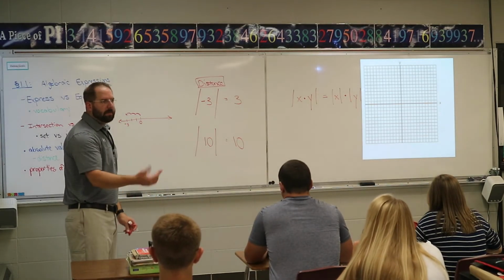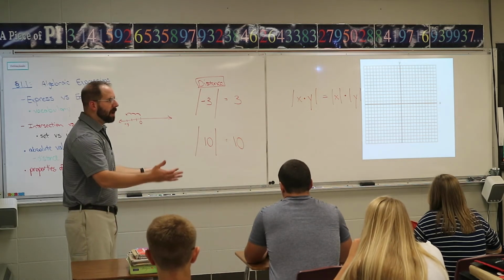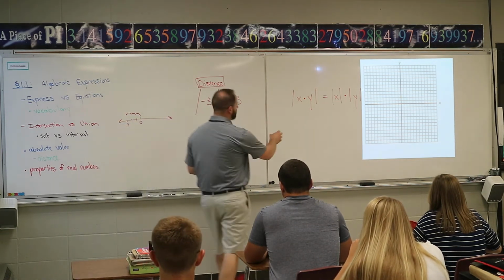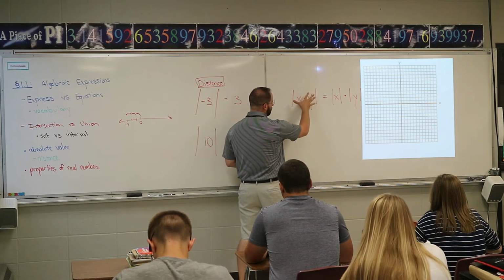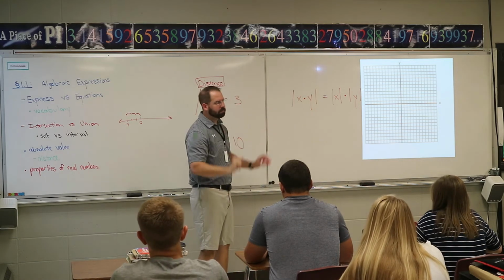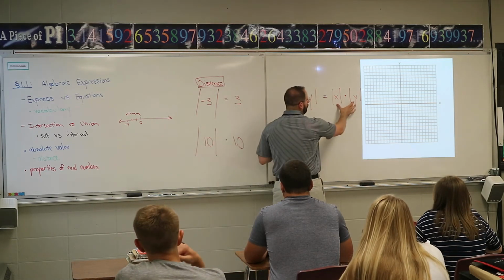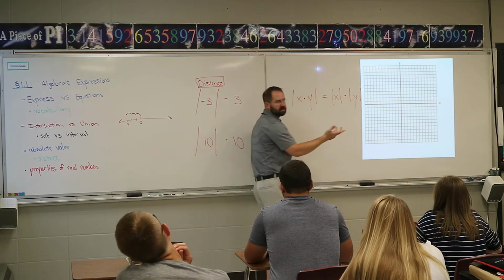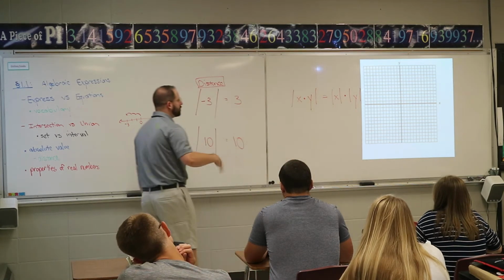Because it's going to be positive anyways in the long run. Whatever these numbers are, one could be positive, one could be negative, you're going to take the absolute value of it. And if you separate them, they'll still turn out to be positive, you're going to multiply positive numbers, and it's still going to be positive. It'll be the same digit anyway.